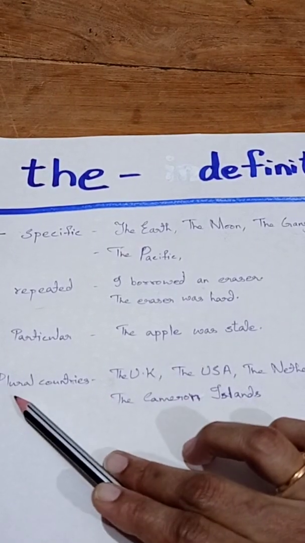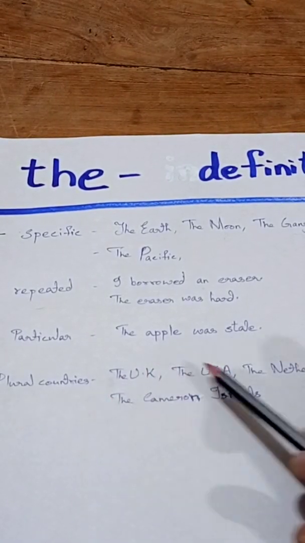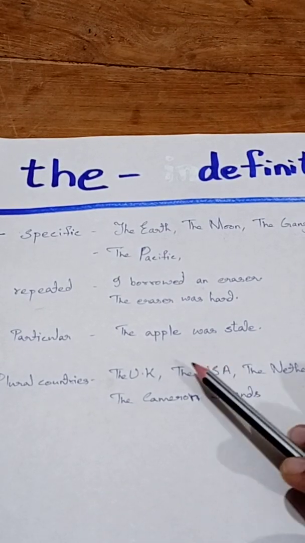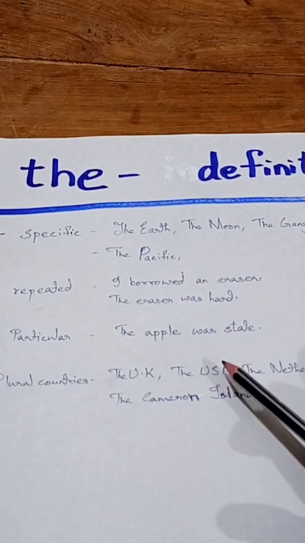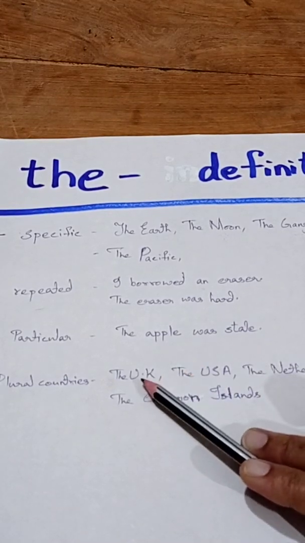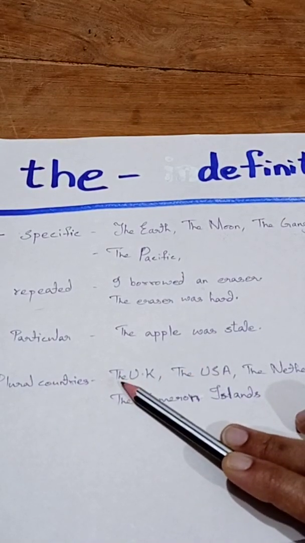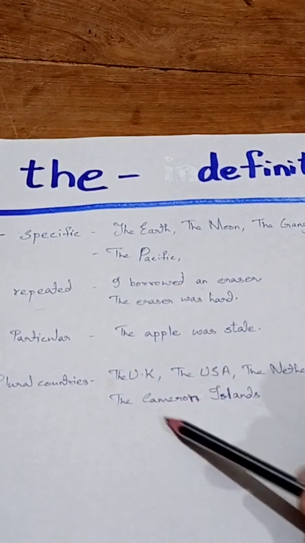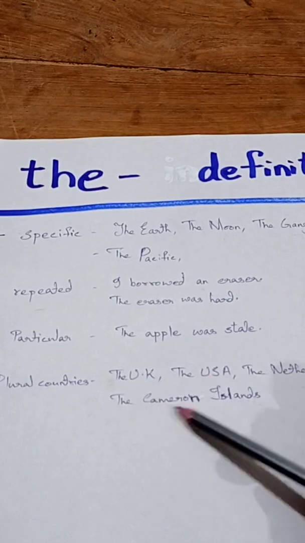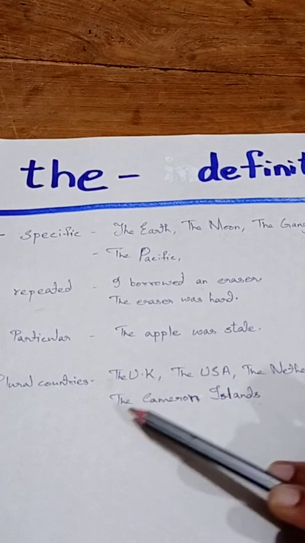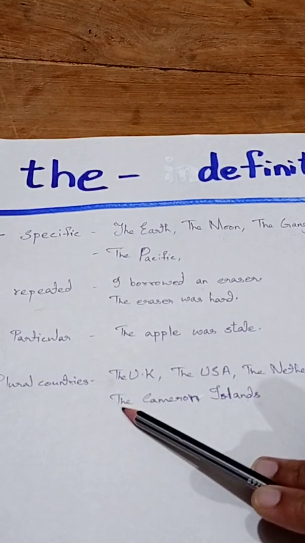When you are using the collective form of countries or states, a group of countries or states, then you use the article the. Understood? Like islands, there are many islands in that area and they are collectively known by a single name, then you use the article the.